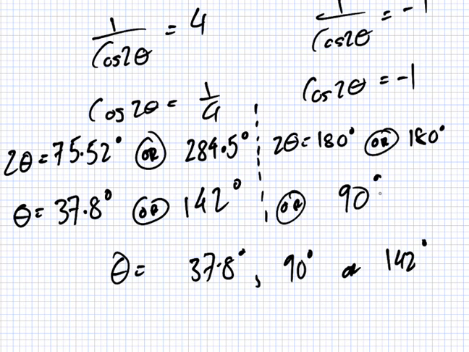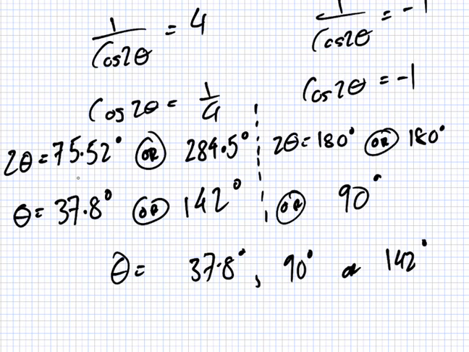I should have 4. I could add 360 to make more answers, but if I add 360 here and then divide by 2, they're all going to be more than 180. It's 4 as well because of the 2 here. Yeah, so that's all there is for that.